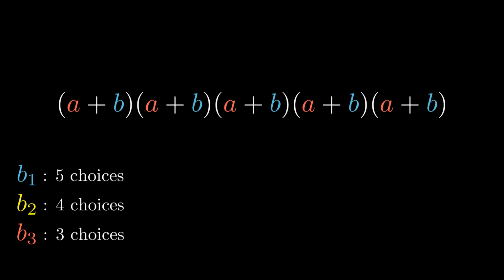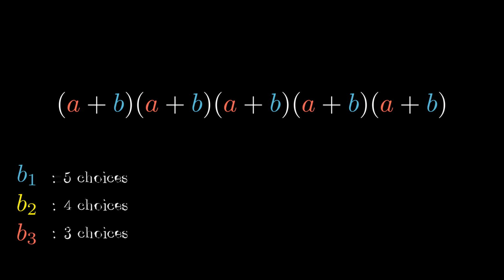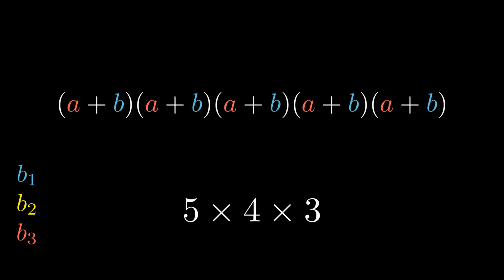Now, using the same logic as before, multiplying up our choices gives us our total. 5 times 4 times 3. That's the number of ways of doing this, picking 3 B's from these 5 brackets. So what we're left with is this kind of incomplete factorial, one that stops after 3 terms instead of going down to 1.